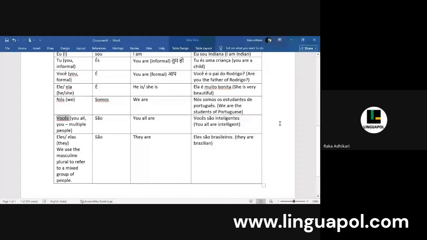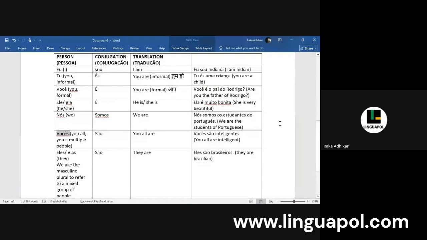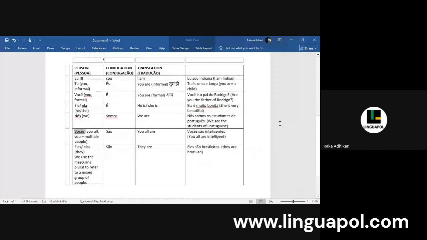So now see, this conjugation we have to learn it, we have to memorize it, so that we are able to use the correct conjugation when we form the sentences. Okay. So how will you remember this? The way of saying this conjugation is like this. Follow me very attentively. Eu sou, tu és, você, ele, ela, é.